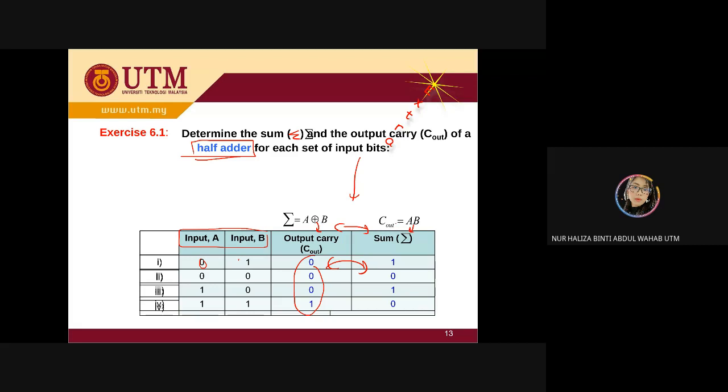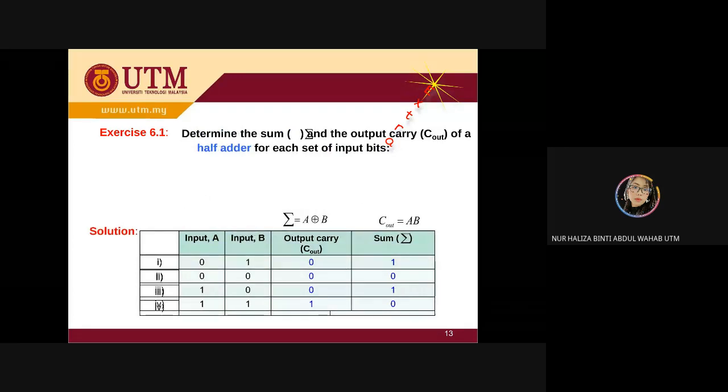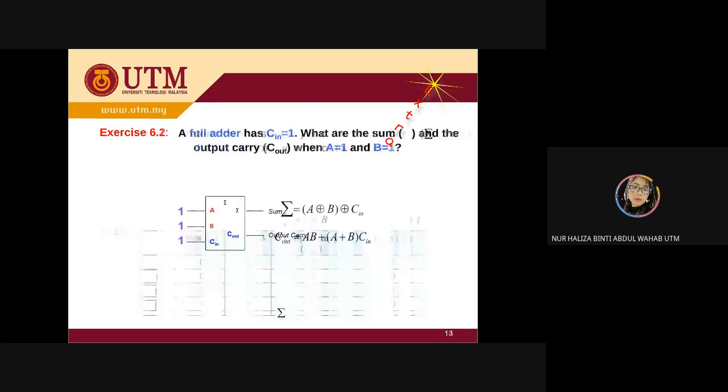The carry out should be, yes, this one is the AND gate. This is the exclusive OR, the sum output. So I guess the solution is changing the place. So please make sure you check back in your textbook. I think in the textbook there is no error, so maybe on the slide only.